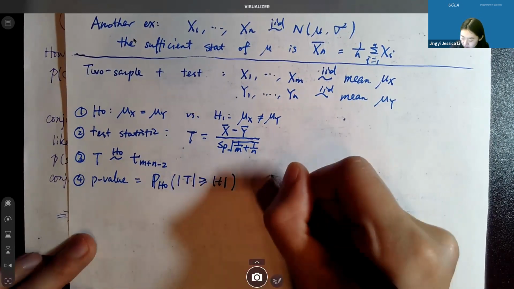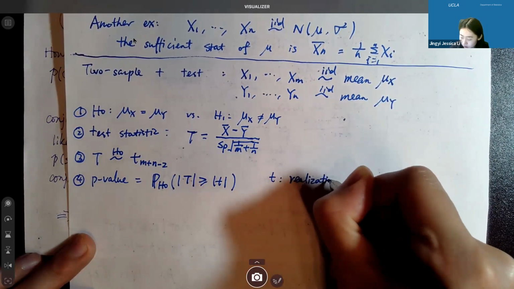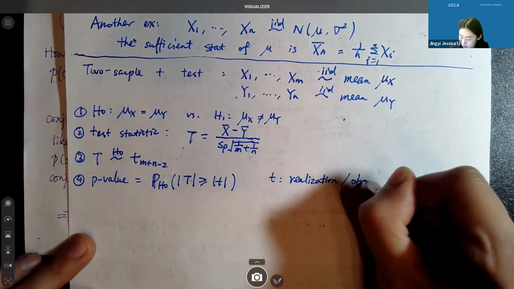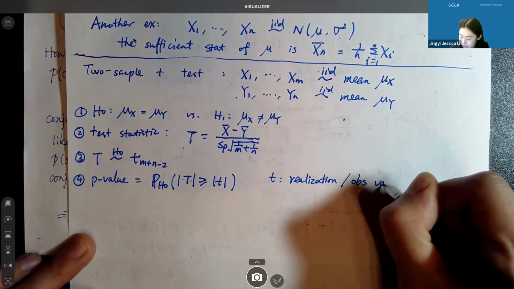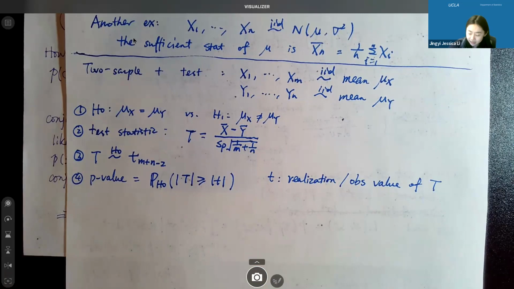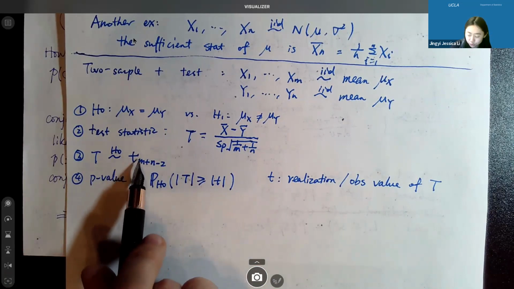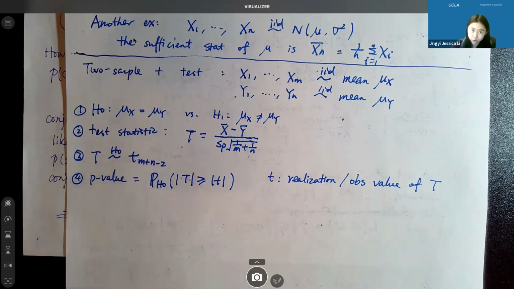This little t is what we call the realization, a term I used before, or you can consider it as the observed value in our data of this t-statistic. And this probability is calculated as the two tails of the t-distribution, right? That's the whole idea of doing the t-test.